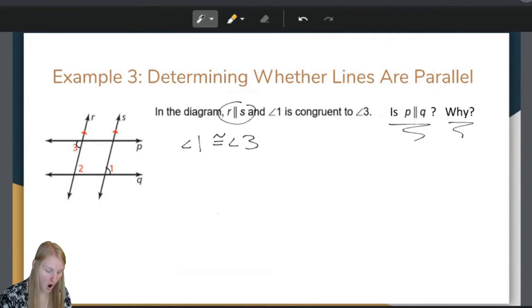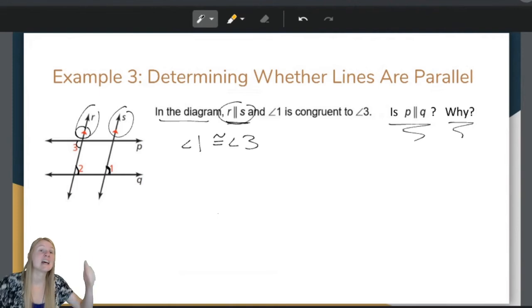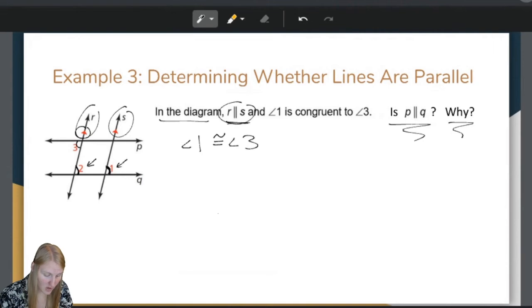Here. R and S are parallel. Yes? Yes. Because they said in the diagram, line R is parallel to line S. That means that angle 2 and angle 1, if the lines are parallel, then corresponding angles are congruent.